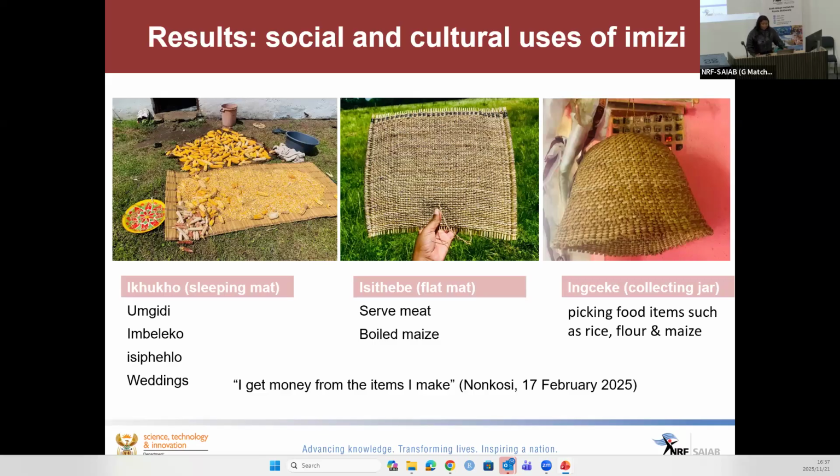What we found is that imizi is central to almost every cultural ceremony, used in umgidi, which is the celebration of when the young initiates come back home, imbeleko, the introduction of a newborn, isipehlo, initiation for traditional healing, and in weddings. People also sell the raw plant, and they also sell the items they make.